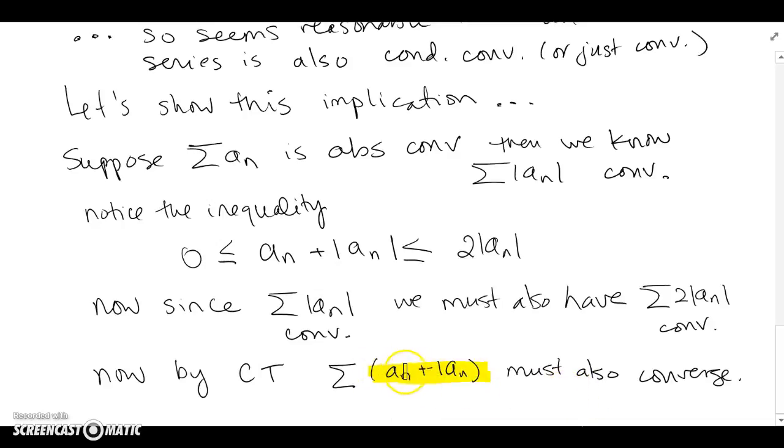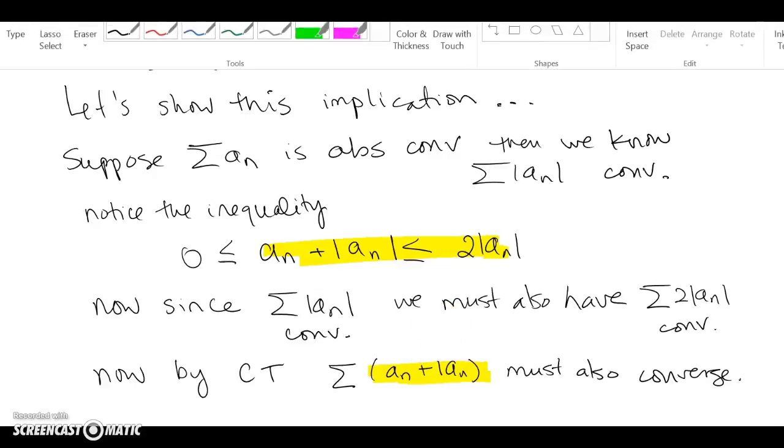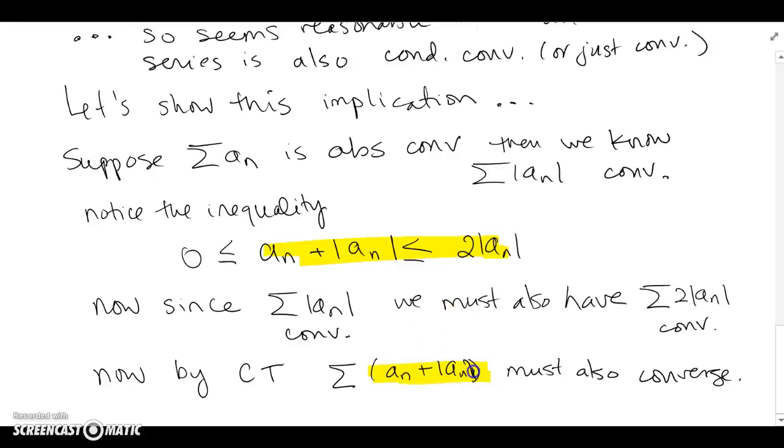Why does that happen? Because this series over here was convergent because of this guy being convergent, and all the terms of this series are always going to be less than the terms of this series. So this right here helps me determine that by a comparison test, this other new series that we just made up, the one with the absolute value, also converges.